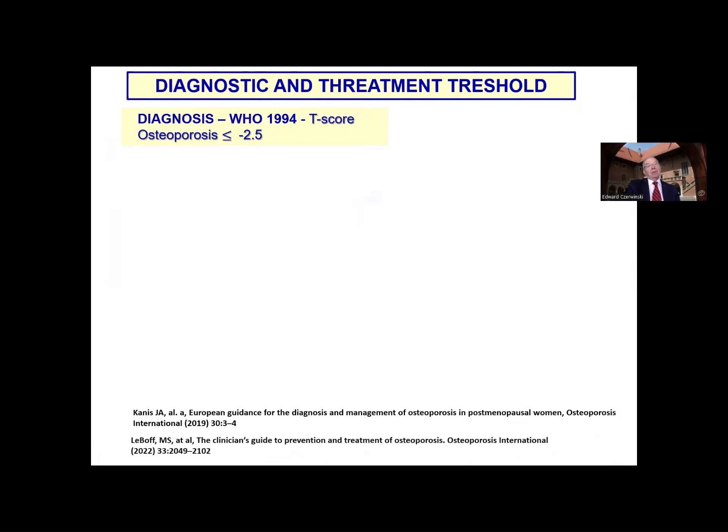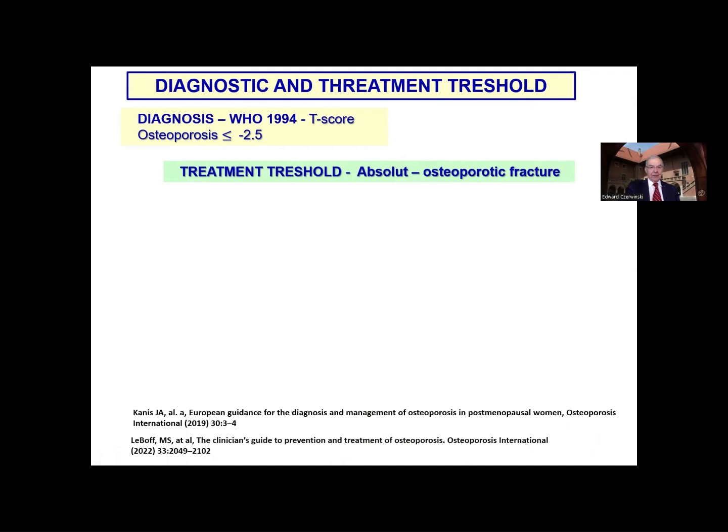So we now go for the diagnostic and treatment threshold. The diagnostic threshold is very easy. WHO: minus 2.5 or less, osteoporosis, done. But because the majority of fractures occur in women with normal BMD, there is general agreement on an absolute treatment threshold.